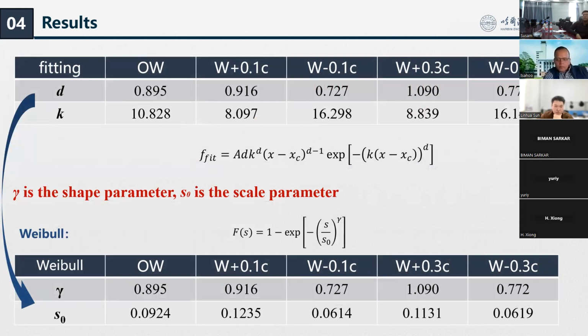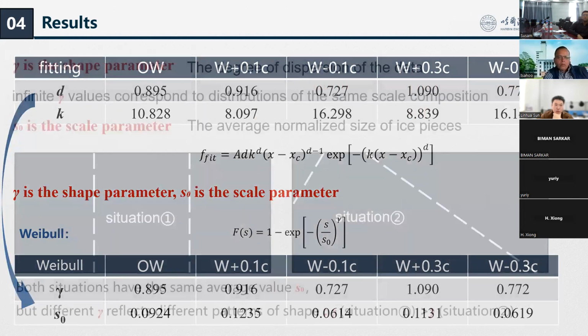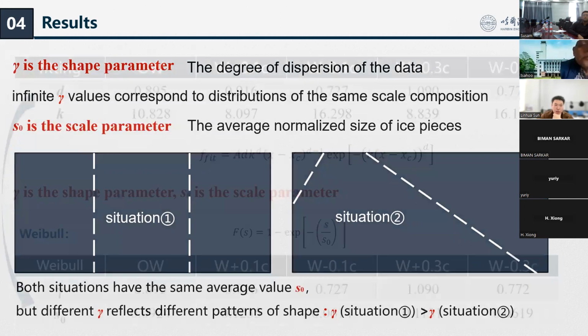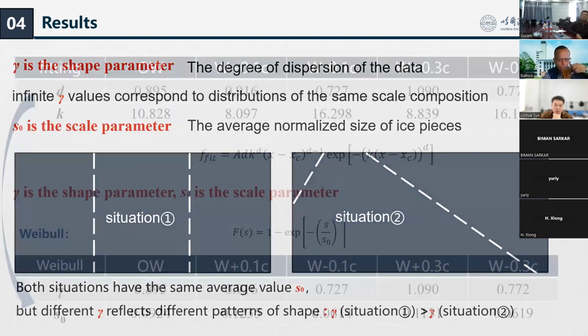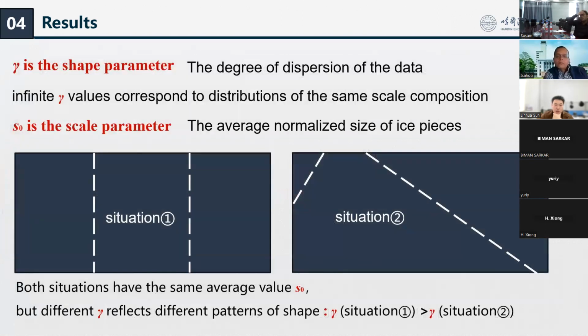It's worth explaining that there are two parameters. One is the shape and another is the scale. We can see the two parameters. Gamma is the shape parameter. It shows the degree of dispersion of the data, and S0 is the scale parameter.